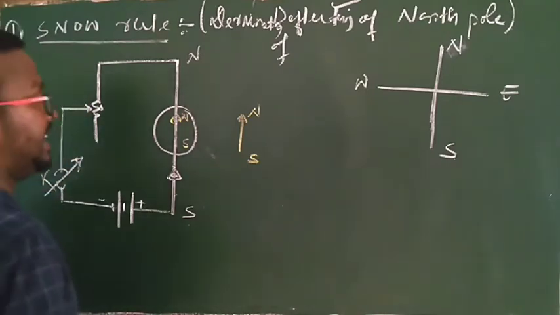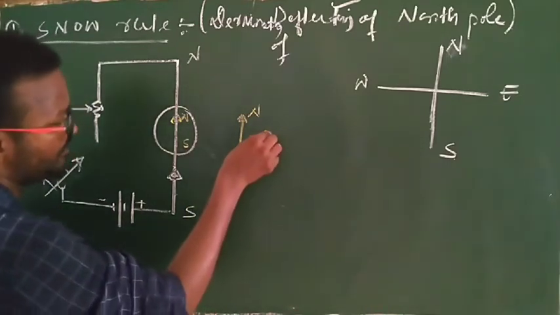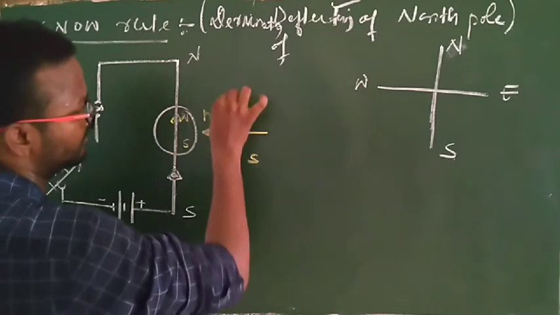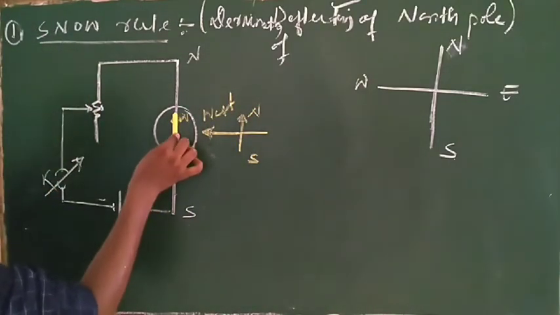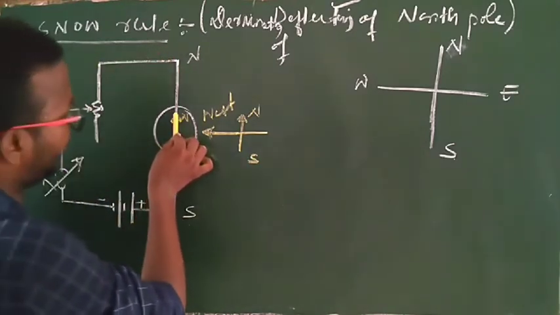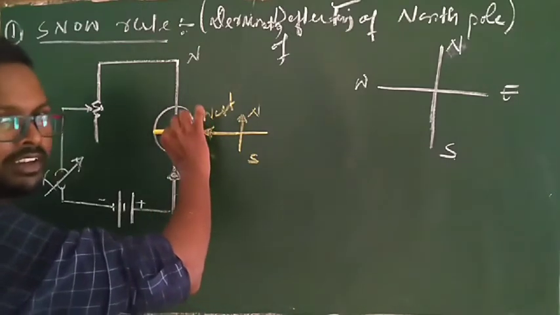Then the magnetic needle deflects itself towards west. When current flows through the wire from south to north, the magnetic needle deflects itself towards west.